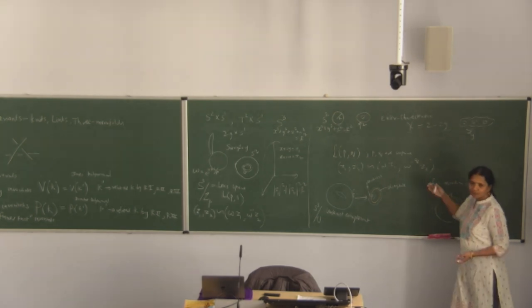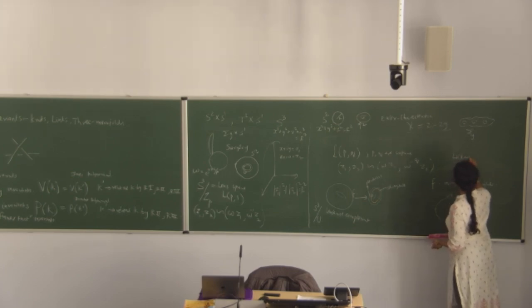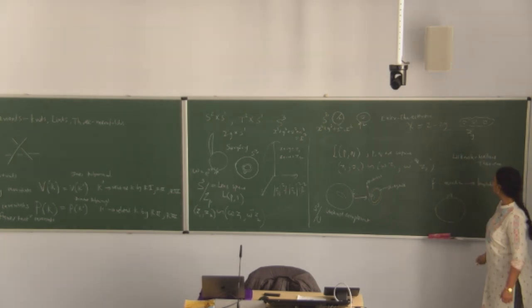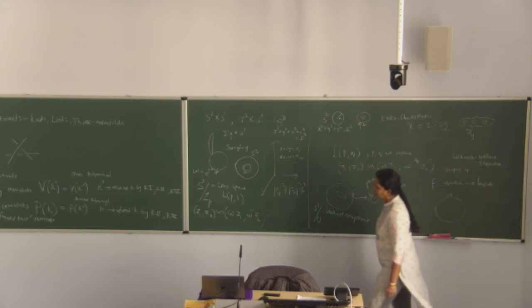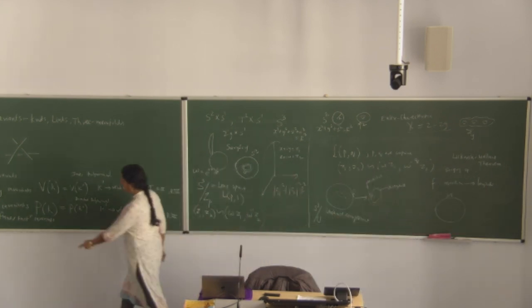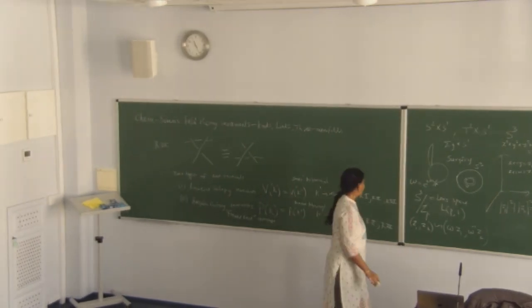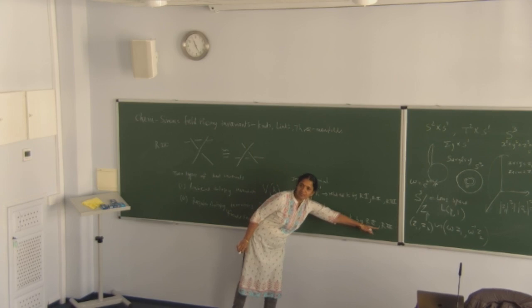And I will list for you what the Lickorish-Wallace theorem is. So the Lickorish-Wallace theorem says surgery of knots, I'm going to take it to be framed knots, in the sense that only Reidemeister moves 2 and 3.